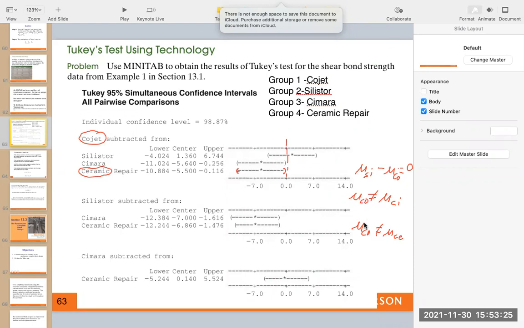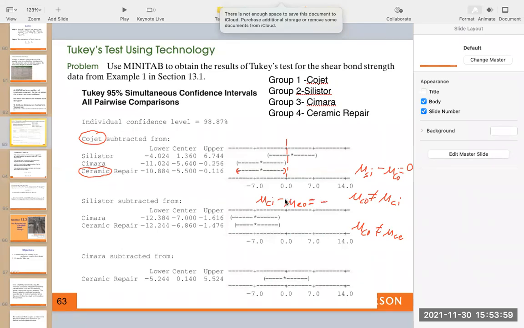And in both of these situations, when we say that they're not equal, you can even go further. Now, if 0 is not in the interval, that means the interval is completely negative or completely positive. And both of these intervals are completely negative. So that means that we took Courgette subtracted from Siramar, so Siramar minus Courgette, and we got a negative answer.